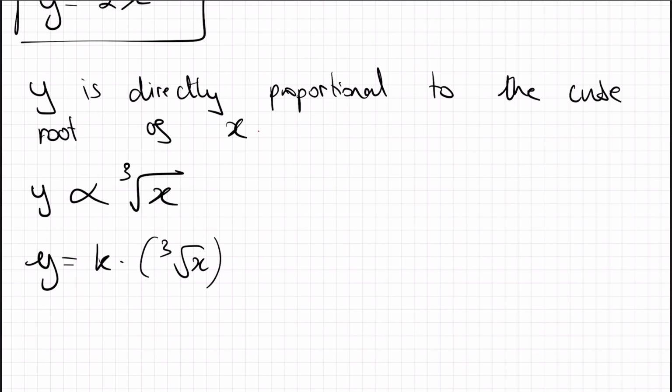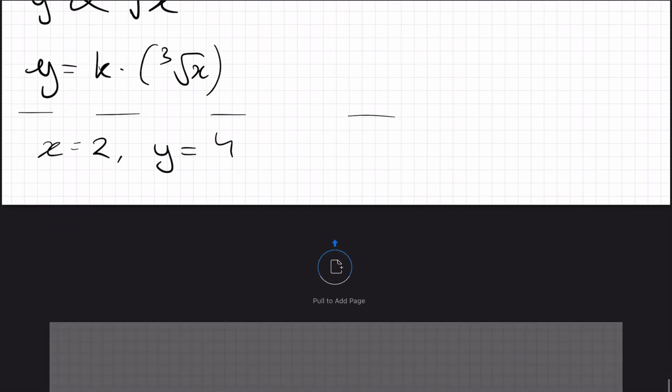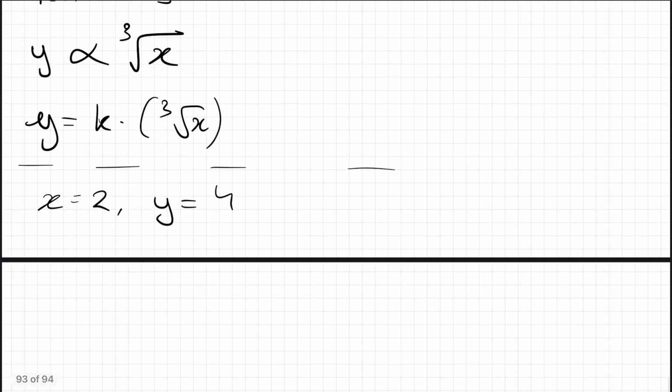And then we need to find k. I haven't given you an initial condition, so I'll give that now. Let's say when x equals 2, y equals 4. Actually, let me make it a bit easier. Let's say when x equals 8.